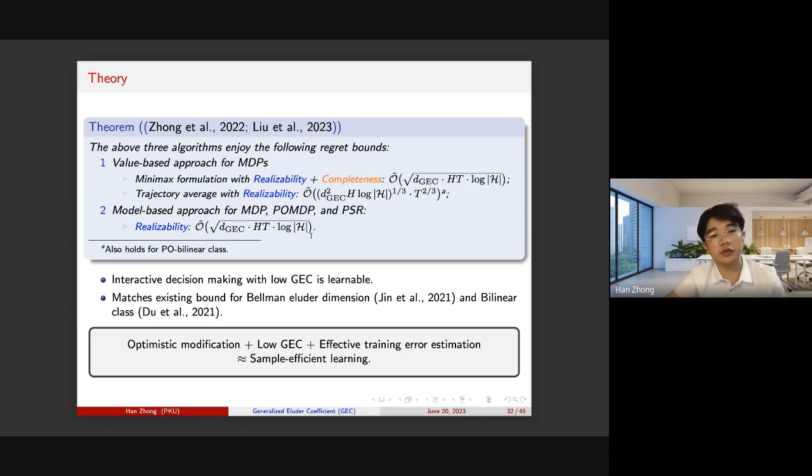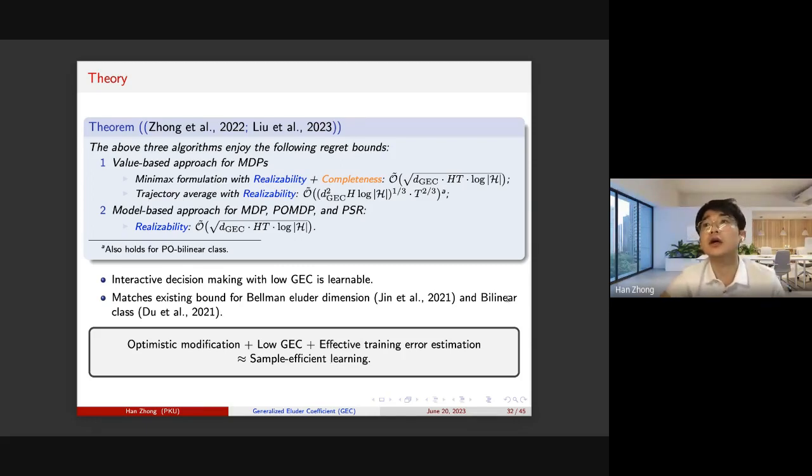So this theorem shows that interactive decision making is learnable by these three algorithms, and they match the existing bounds for the Bellman-Eluder dimension and bilinear class. So basically, we can conclude that the optimistic modification, a small GEC, and effective training error estimation give sample efficient learning. So this is our main theoretical result.